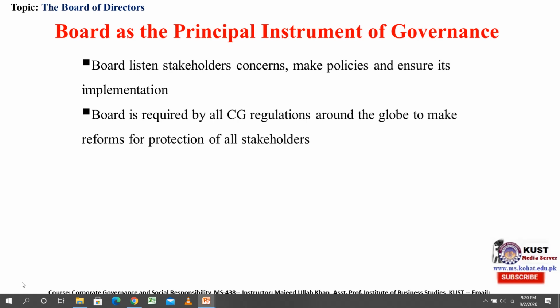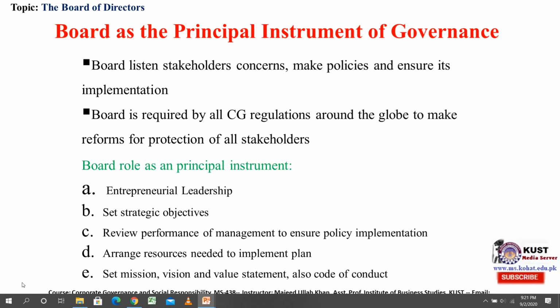Approximately all over the world, where a corporate form of business exists, it is required by the code of that country that the company must have a board to safeguard the stake of all parties associated with it, which are called stakeholders.